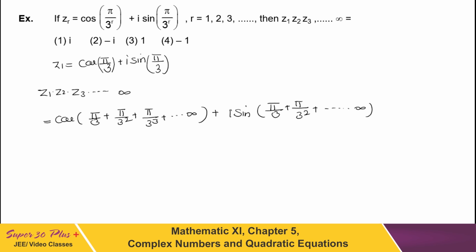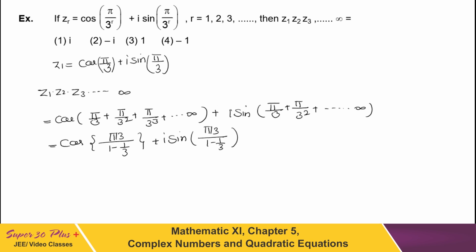This is a GP, and now we are going to add up the infinite GP. The sum of an infinite GP is a upon 1 minus r. What is r? r is 1 by 3 and a is pi by 3, so the sum is (pi by 3) upon (1 minus 1 by 3).